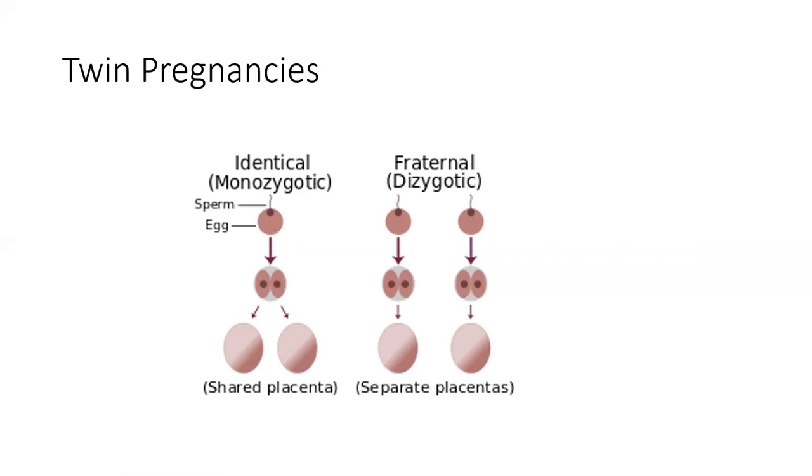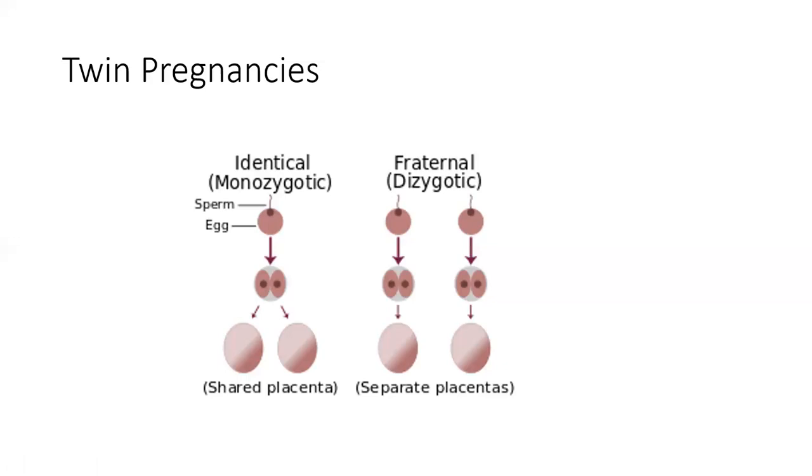Now with identical twins, during the beginning stages after fertilization, sometimes this embryo splits into two. Both of these embryos came from one sperm and one egg cell, so they have the exact same genetic makeup. That's what causes identical twins to have the exact same genes.